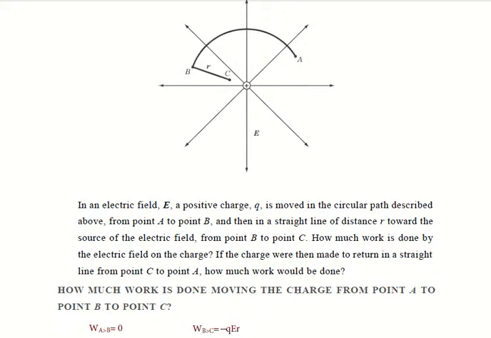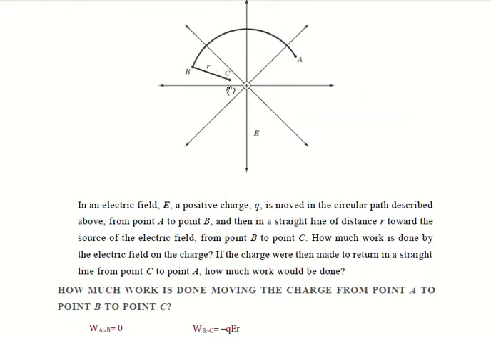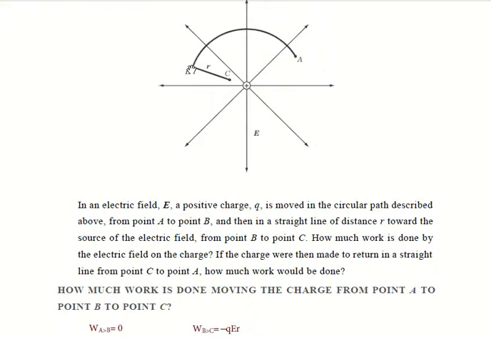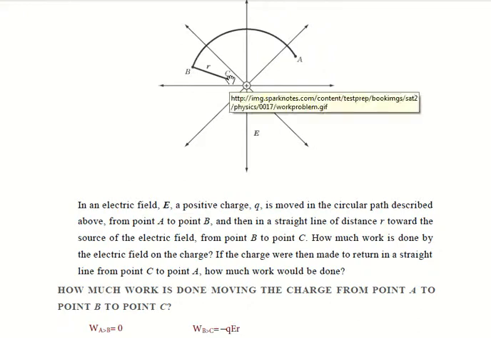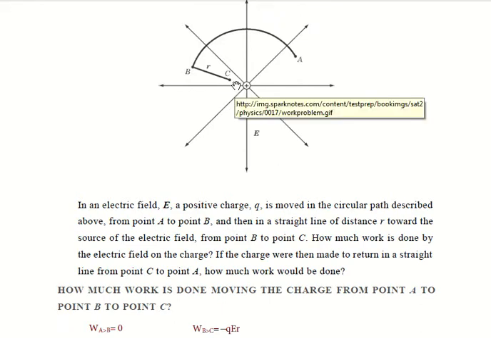There we go. So the work that we've done is actually negative QER. Instead of decreasing our charge's energy, we're actually increasing its potential energy. We've brought it from farther away from a similar charge, and now at the end it's closer to a similar charge. So that repelling force is going to be a lot stronger. We've stored a lot more energy in there.